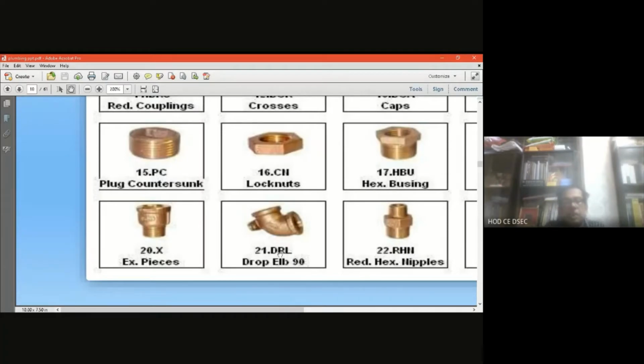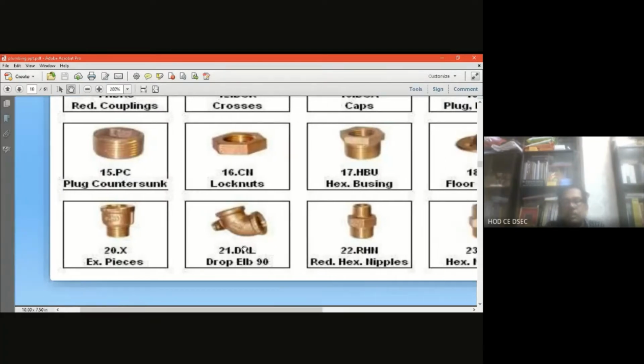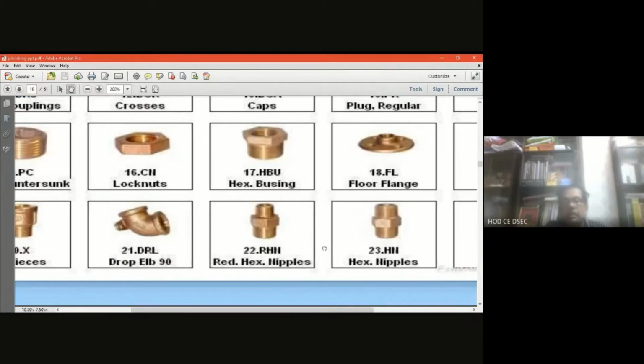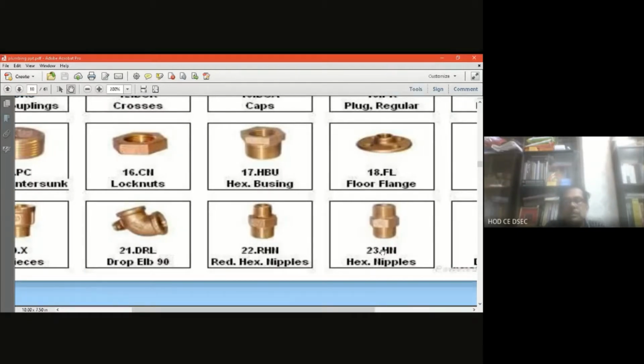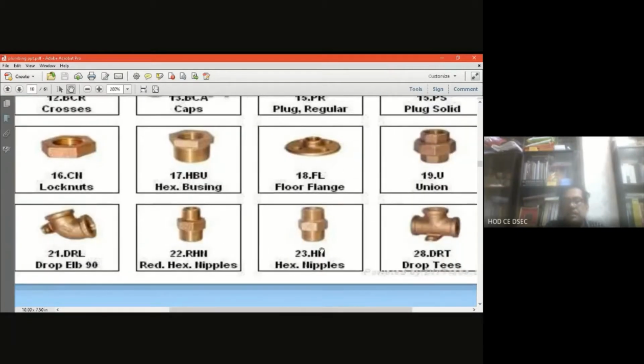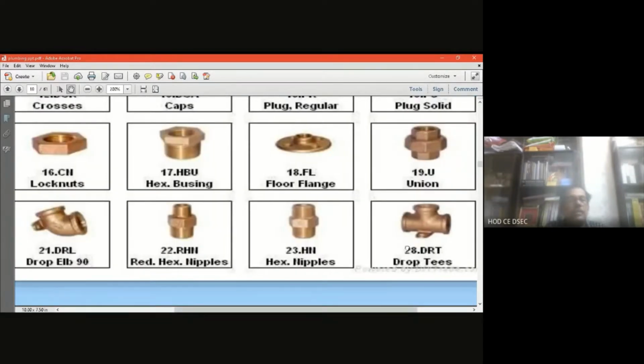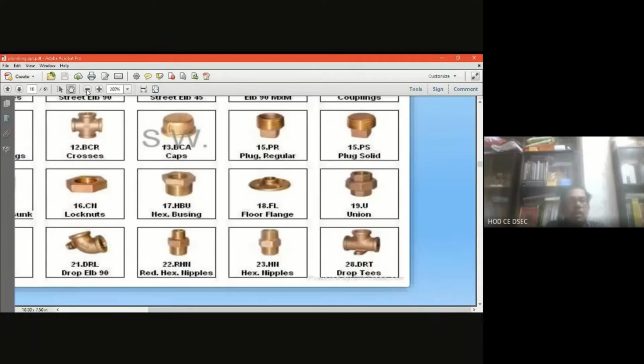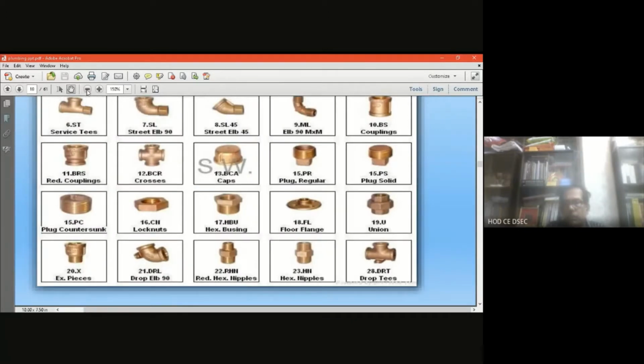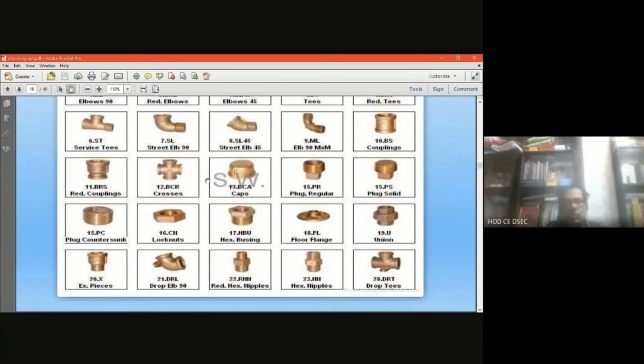This is the drop elbow. Again, hexagonal nipples, and the drop piece. So again I go to my lecture notes. Here I am showing you in larger view photographs of the different types of fittings.